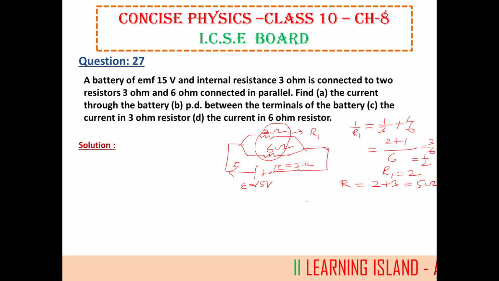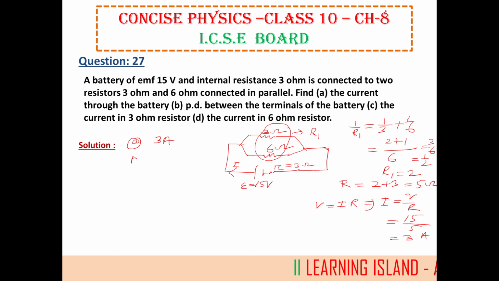Applying Ohm's law, V equals I into R, so I equals V by R. Here V is the EMF, it is 15 by 5, that is 3 ampere. So the current flowing through the battery, the answer for question A, is 3 ampere.